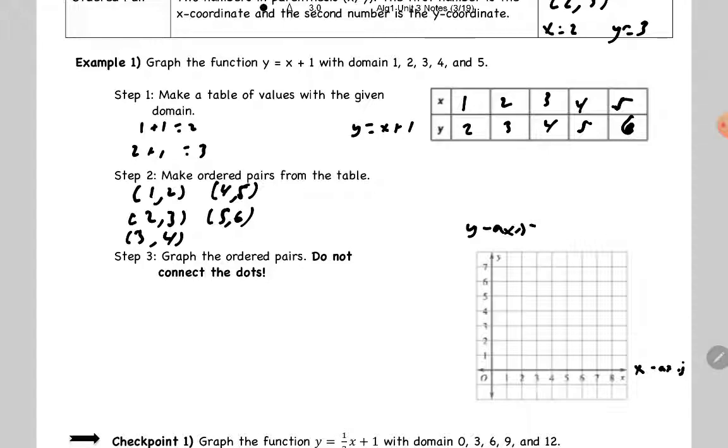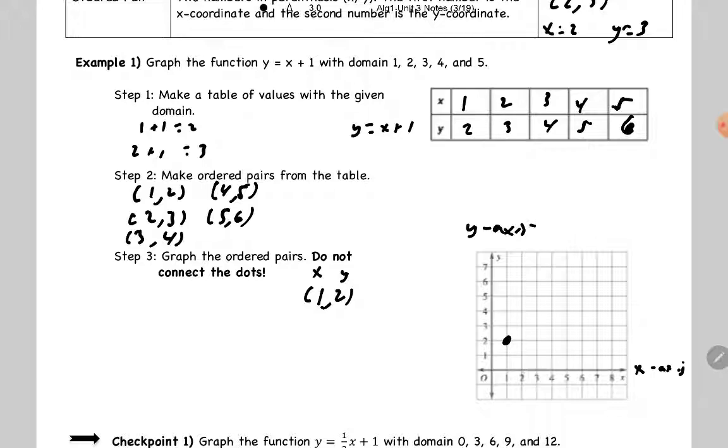When we're graphing this, for example, let's graph 1, 2. We're going to start at 0, and so our x is 1 and our y is 2. So I'm going to go 1 to the right, and then up 2. That is the coordinate 1 comma 2.